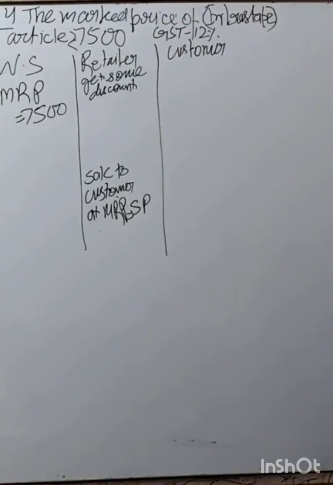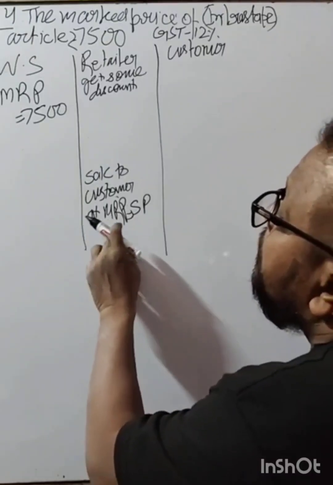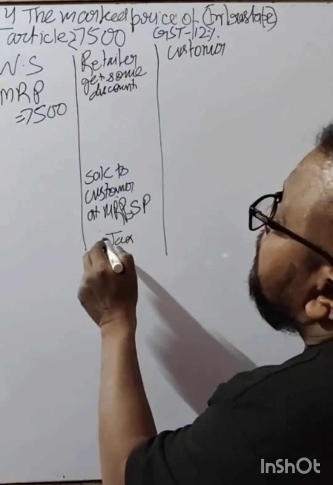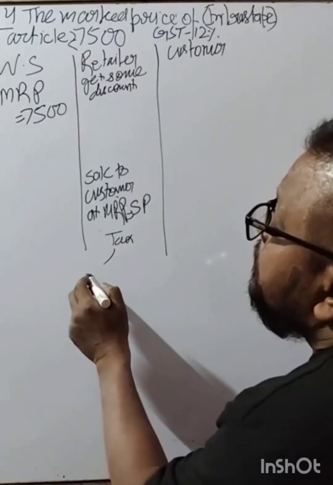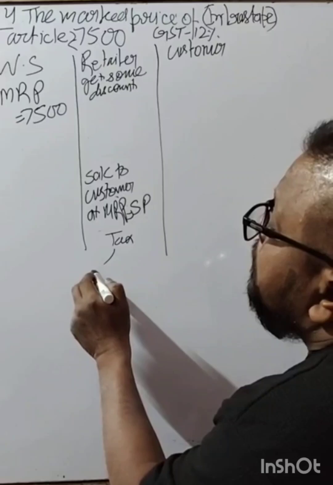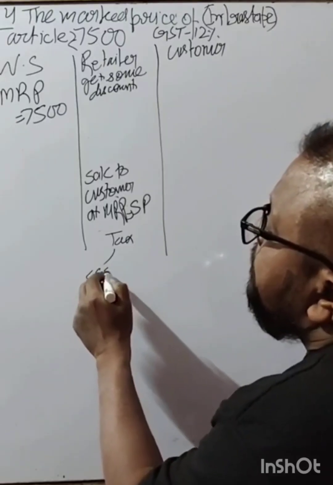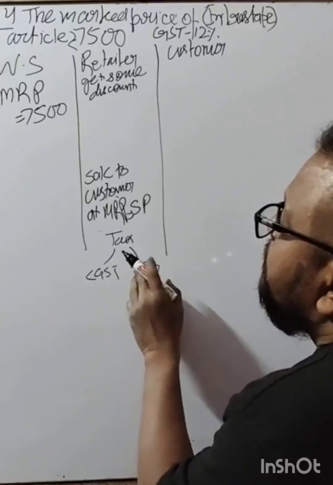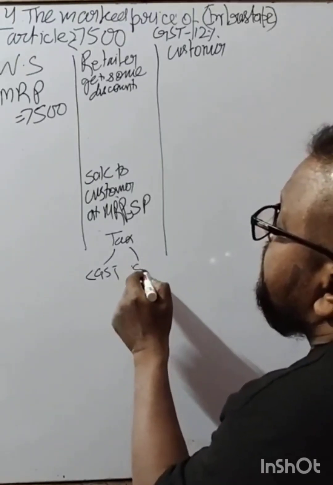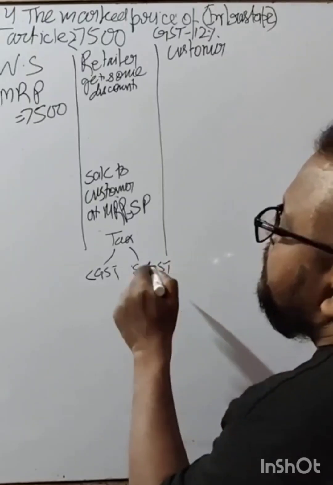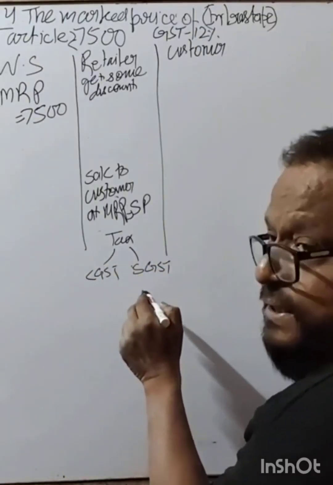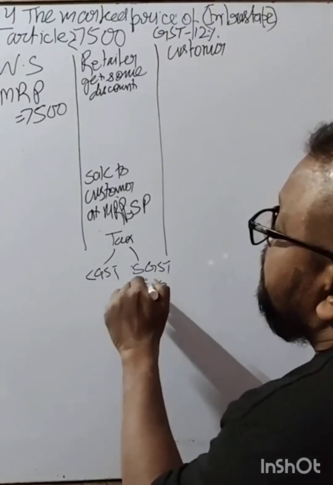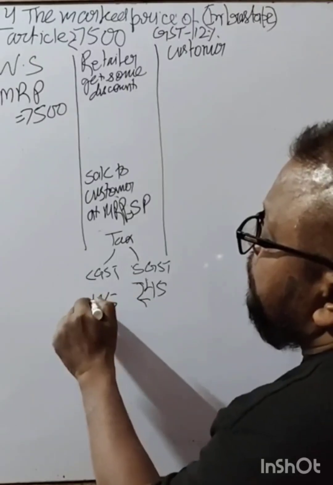So the tax is equal to CGST plus SGST. CGST is 45 rupees and SGST is also 45.